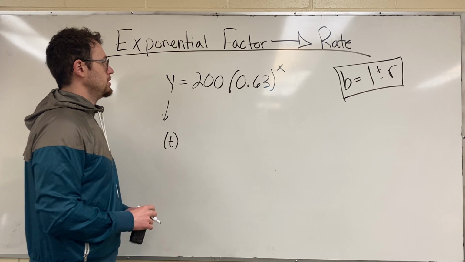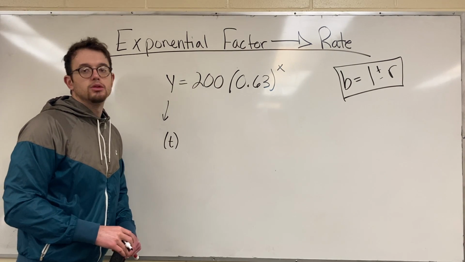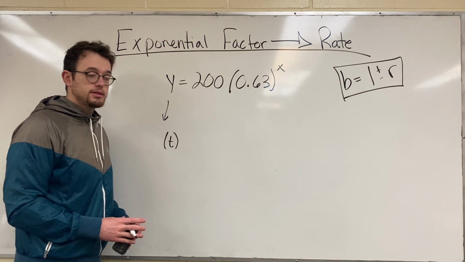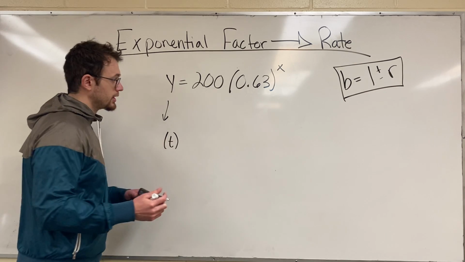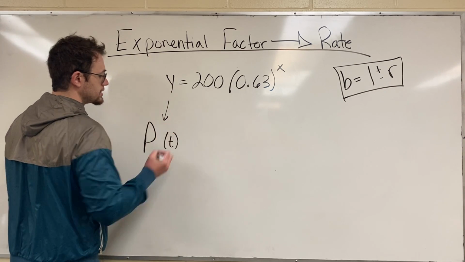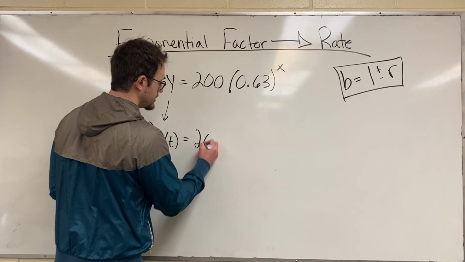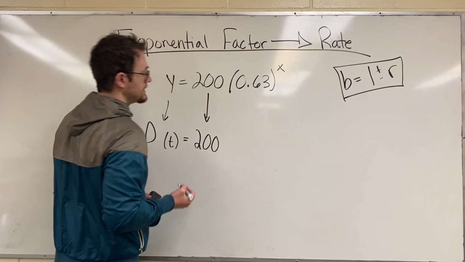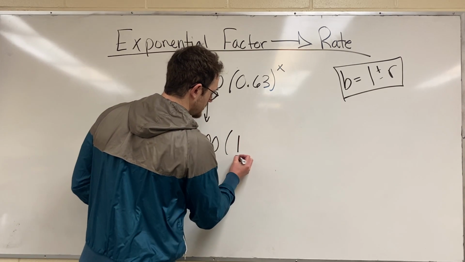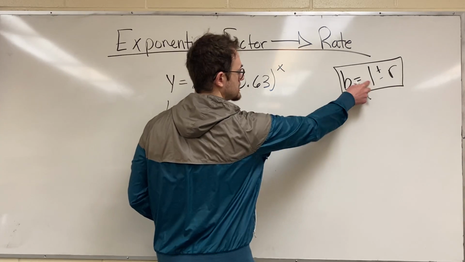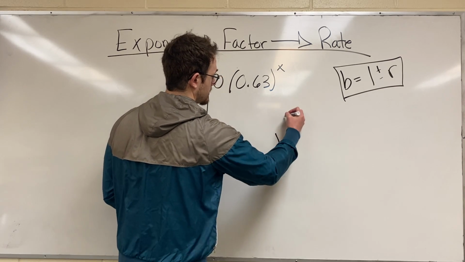Let's say we are on a remote island and there's only 200 sloths on the island and they're going extinct. The amount of food on the island is running dry. So this would actually be population over time. And we're going to start with 200 of these island sloths. Now I'm going to put the 1 there because that 1 is always right there, it never changes. And then I'm going to put my t.